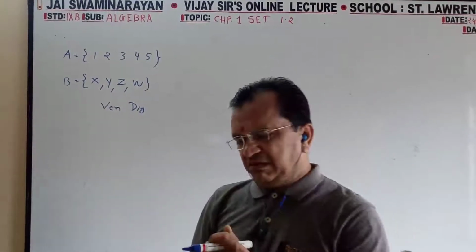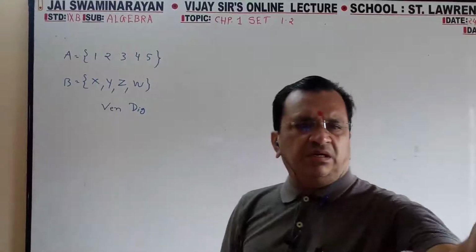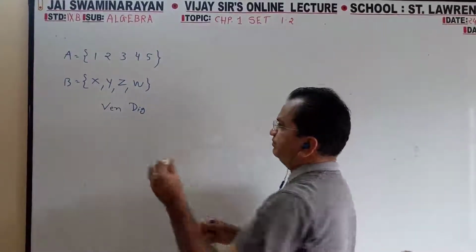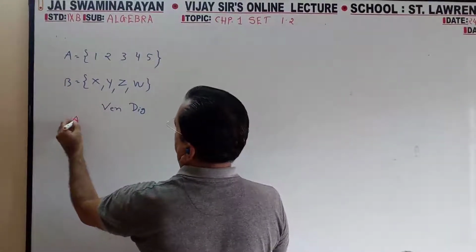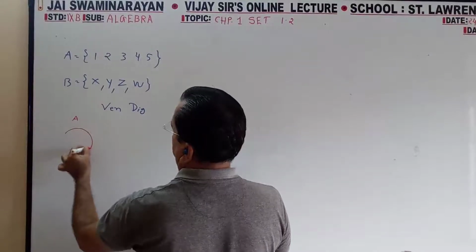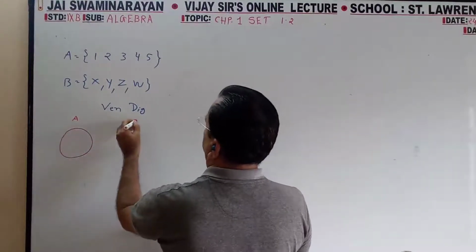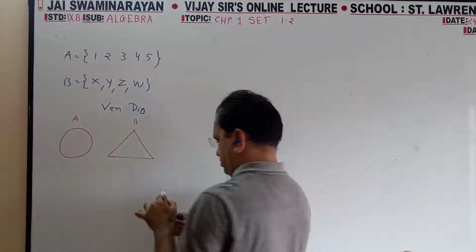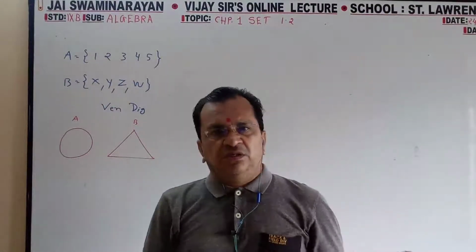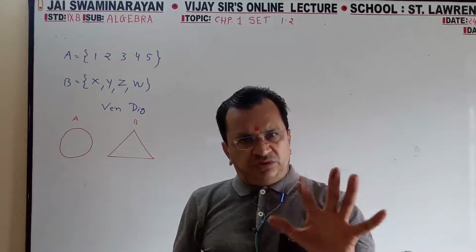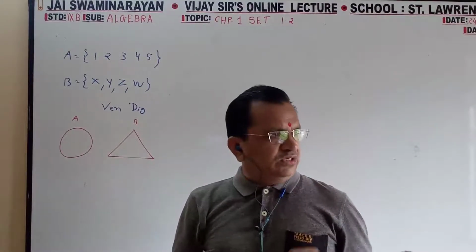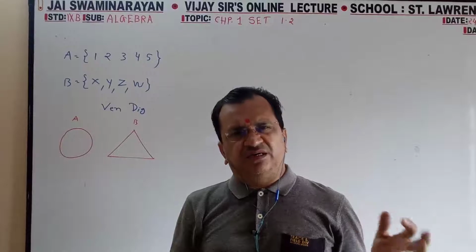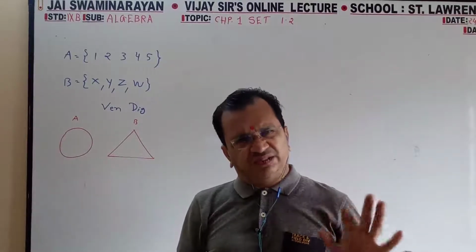So you can draw any shape. For A I will draw a round, and for B I will make a triangle. Generally we use a triangle, circle, square or rectangle.